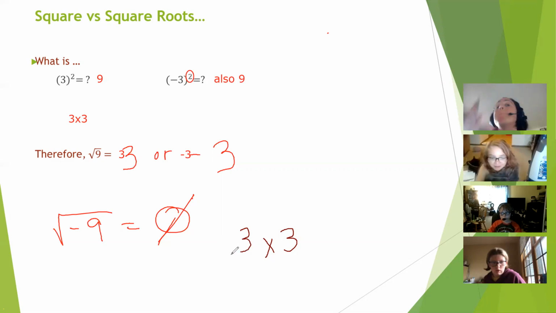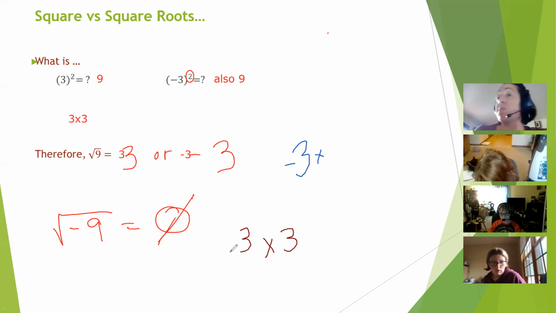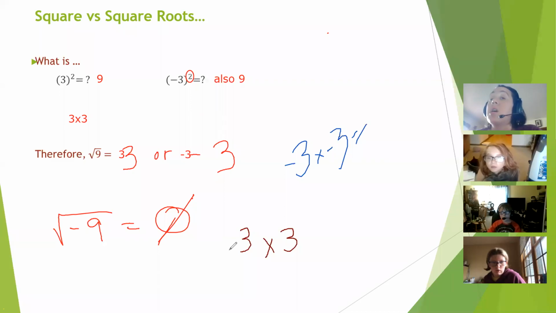Well, remember, when you're square rooting, you're figuring out what was multiplied by itself to get that original number.